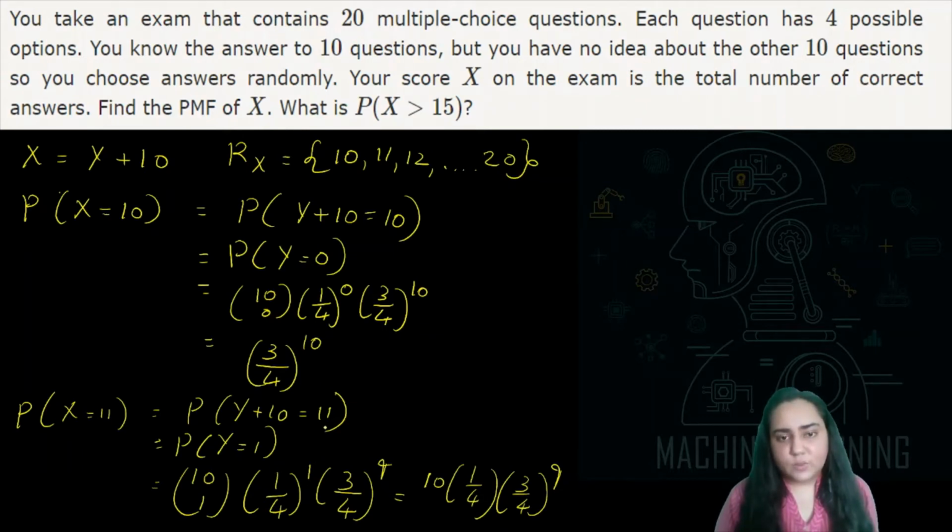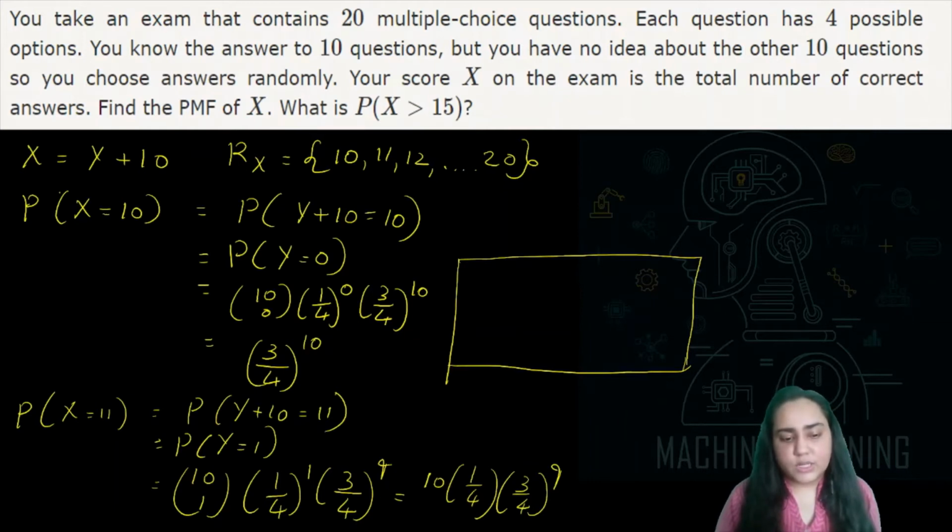So based on this, we could have some general definition. What can that general definition be? I could define this in terms of k as P of x. Actually, this is not enough space for me, so I'll just remove this.